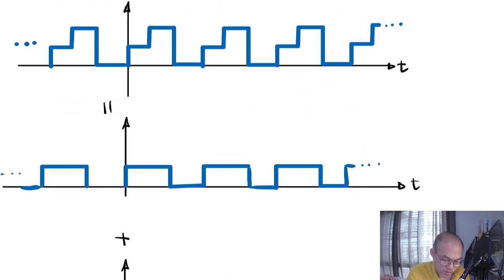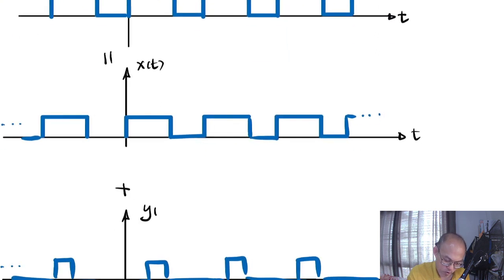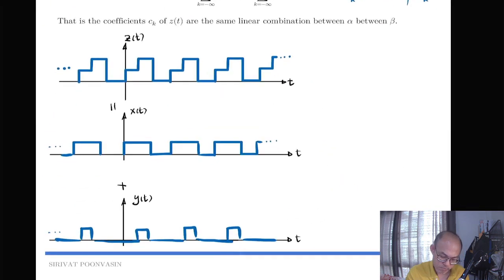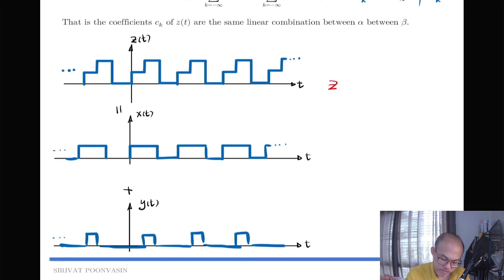Now let's call this x of t, and let's call this y of t. So we see that z of t is equal to x of t plus y of t.